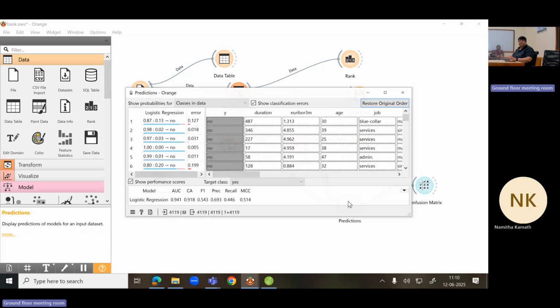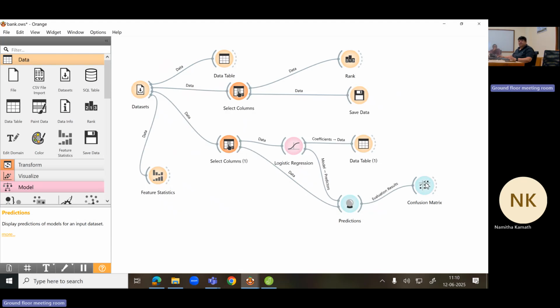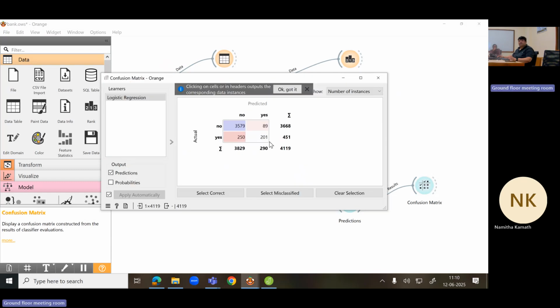If I look at the predictions, it seems to be better, no? It has become 0.998, earlier 0.9. This F1 has improved. Precision has improved. Recall also has improved. A slight improvement has come.